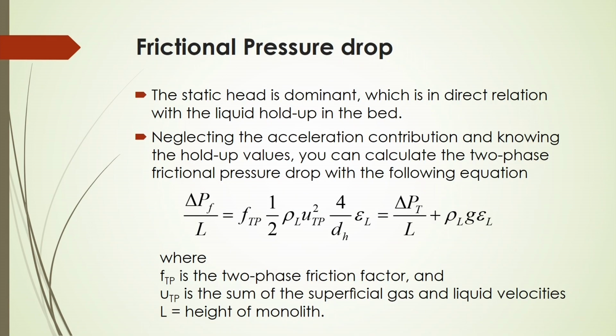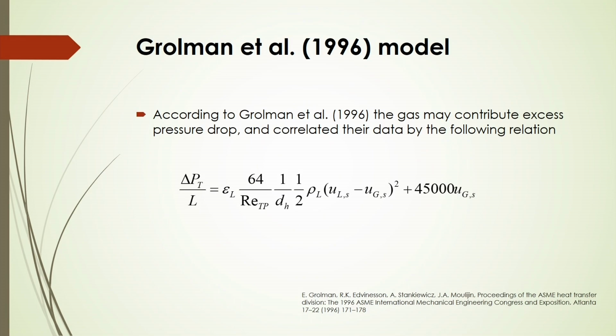Now, the static head is dominant, which is in direct relation with the liquid hold up in the bed. Neglecting the acceleration contribution and knowing the hold up values, you can calculate the two phase frictional pressure drop with the following equation, where FTP is the two phase friction factor, UTP is the sum of the superficial gas and liquid velocities, and L is the height of the monolith.